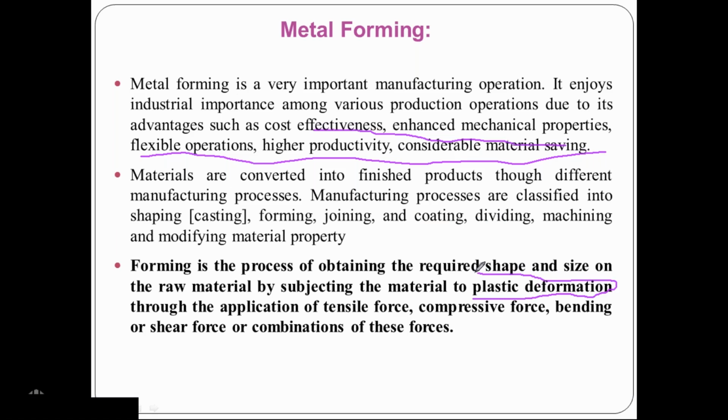So this is the important point: when we are using the forming process, the material is formed because of the plastic deformation, through the application of tensile force, compressive force, bending or shear force, or a combination of these forces.